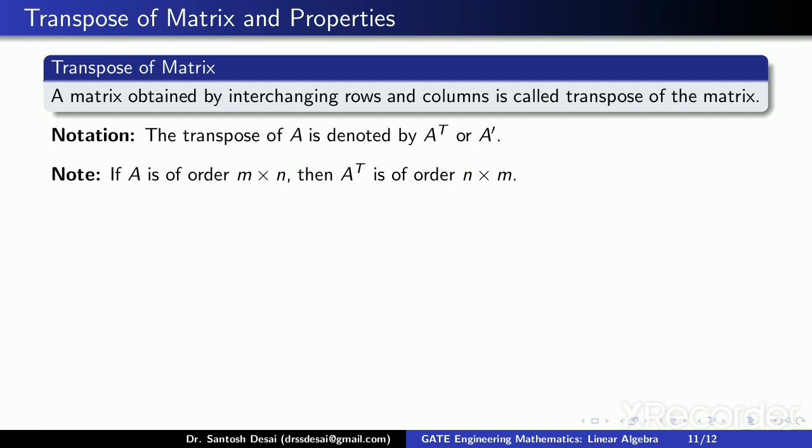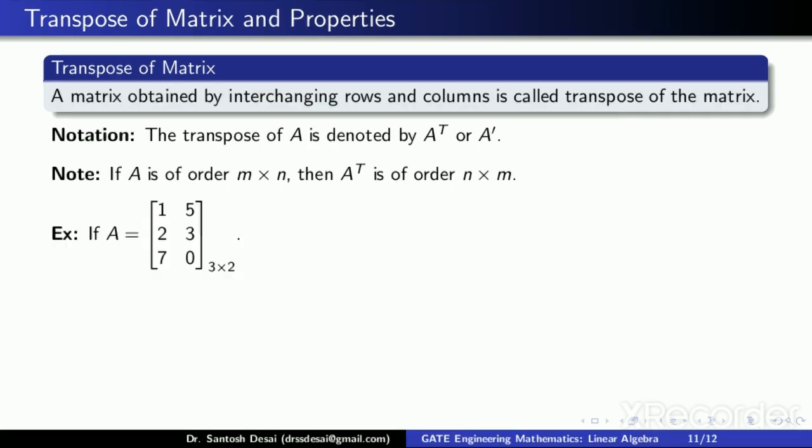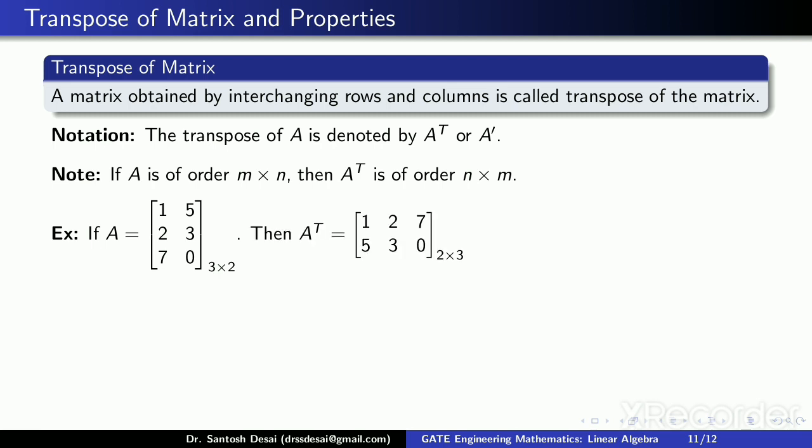Here we note that if A is of order m by n, then A transpose is of order n by m. Let us consider one example. If A is a matrix of order 3 by 2, then A transpose is a matrix of order 2 by 3, which is obtained by writing the first column as the first row and the second column as the second row.